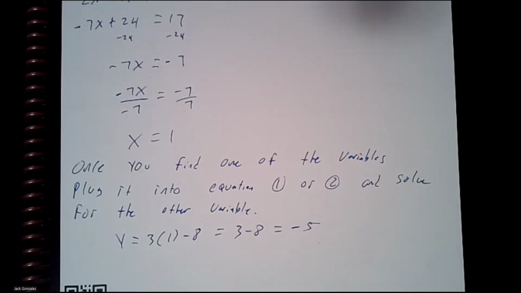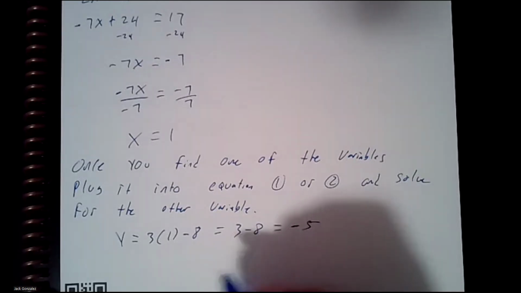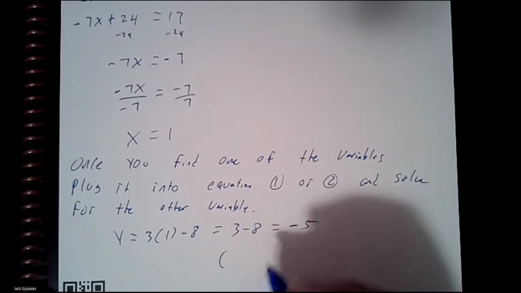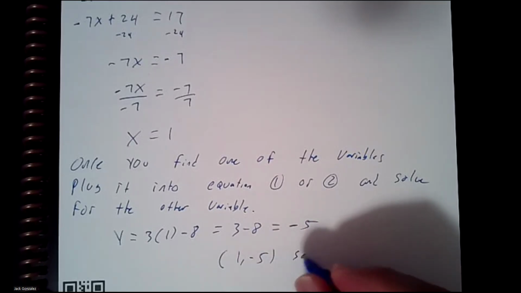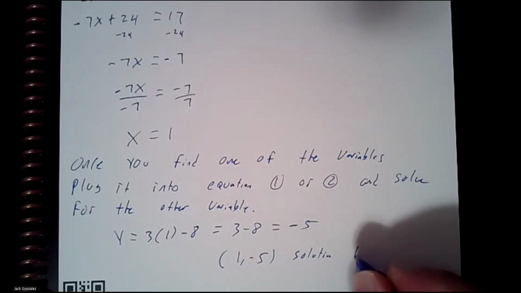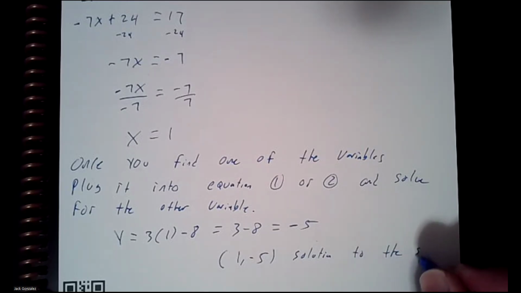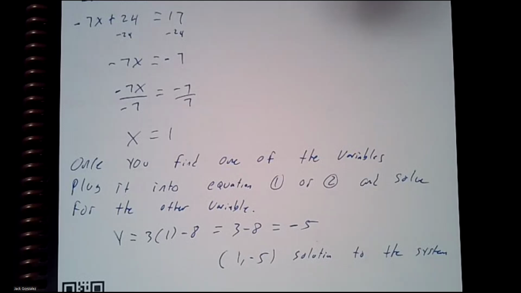Okay, so the solution to the system is going to be a point. 1, -5 is a solution to the system. Any questions about the algebra steps? Does this make sense? I'm going to show you the graph so you can get another idea too.